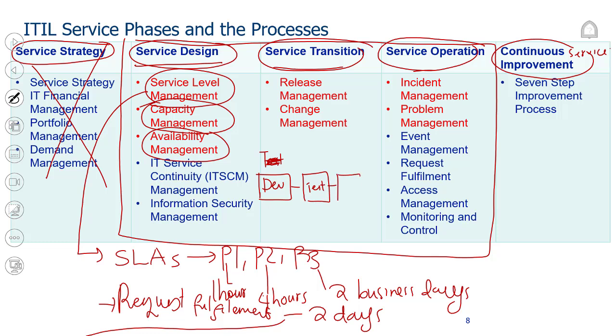And then pre-prod, for example. This is where you do the actual testing to make sure that you can accommodate, for example, the loads that you can have in the production, and then finally you move to the production environment.